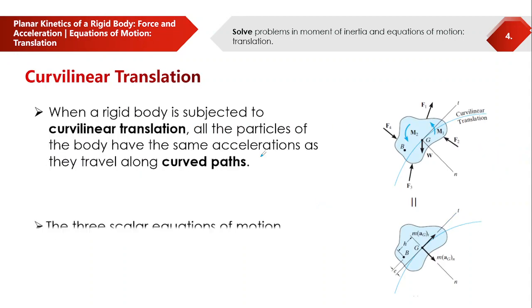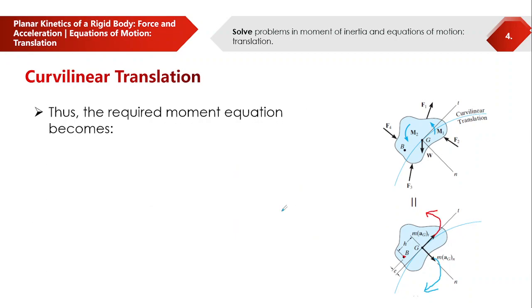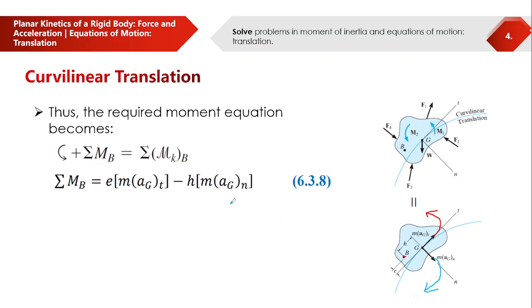Unlike in curvilinear motion, since our acceleration has two components, there are also two forces created at point B. So, you have two components. Therefore, you have to determine the moment arm of each component of your acceleration.